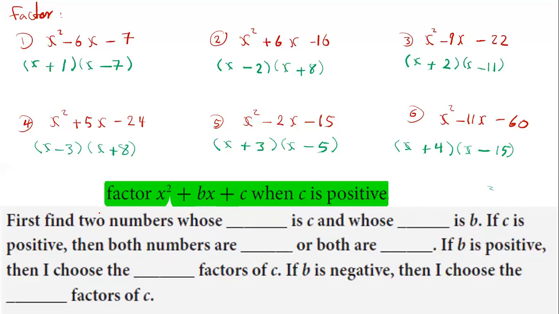We have to complete this one. First, find two numbers to factor x squared plus bx plus c when c is positive. This is the first case.